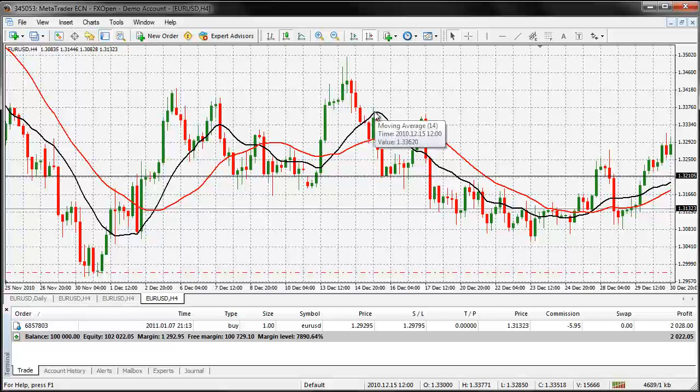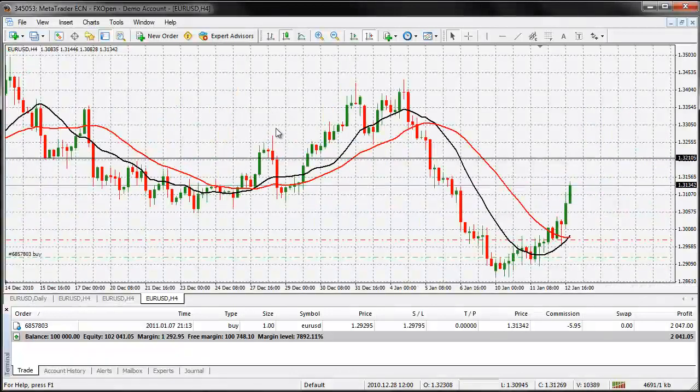The first trigger will be when the slower moving average gets broken first, and then when the second moving average gets broken, which will be the faster moving average, that's my second trigger, and I will get in on the next bar. So play around with those, and you can add as many as you like on here.